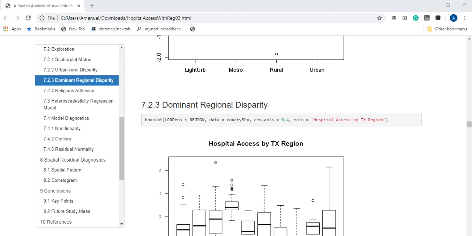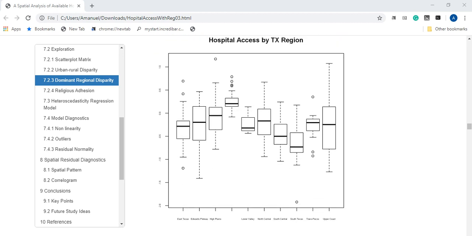Dominant regional disparity: from this box plot, we can see that Edwards Plateau and High Plains have higher access than East Texas as well as South Texas, with a few outliers. So this shows the regional disparities.